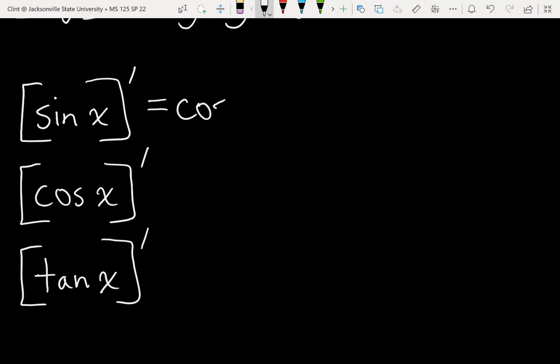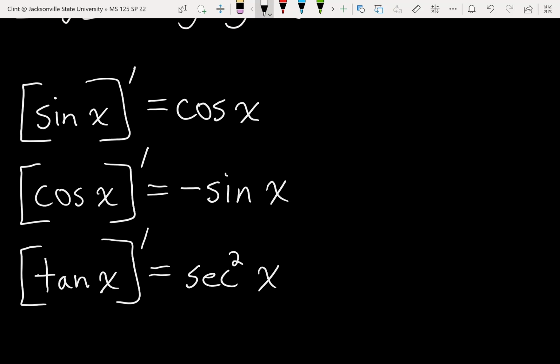Cosine. Derivative of cosine, negative sine. Derivative of tangent, secant squared. Yeah, that one's a little harder to remember. Secant squared. Okay, and then got the cofunctions.